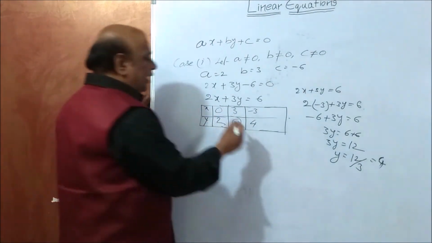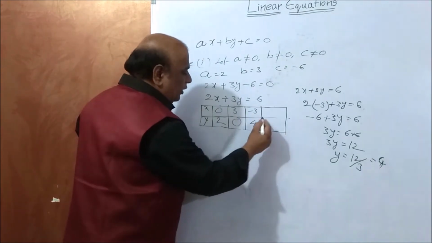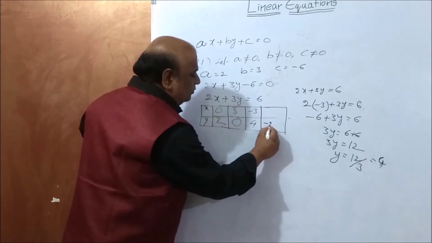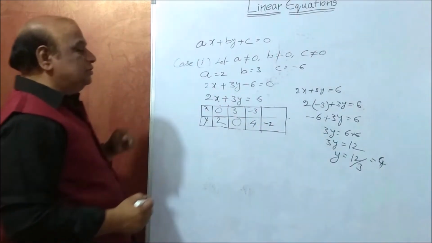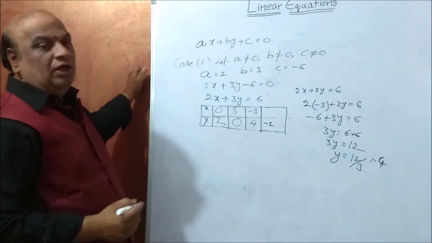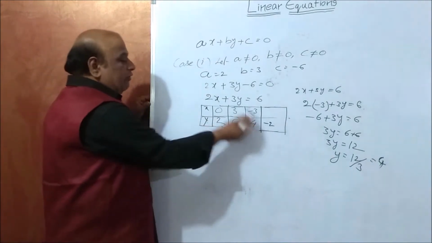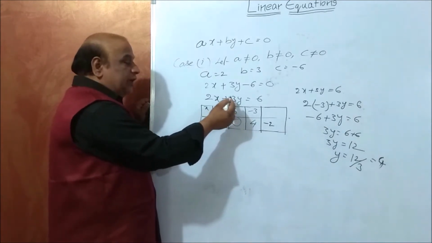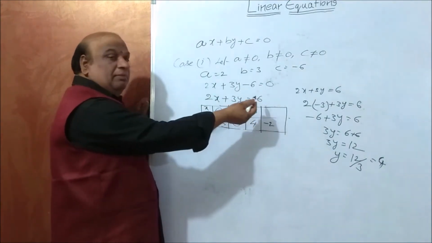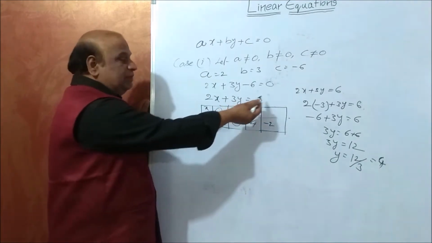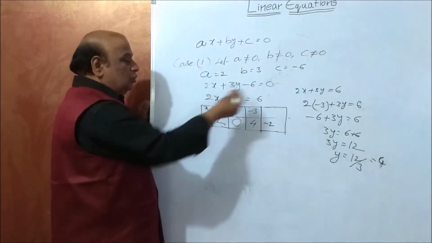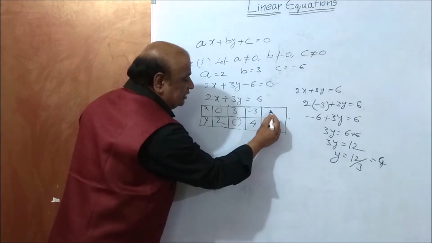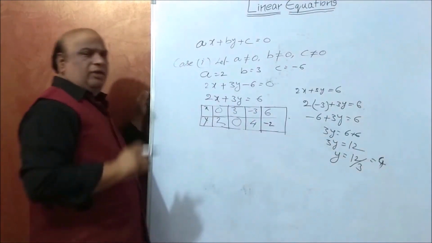If you take one more value, you take y value minus 2. What is the x value now? You substitute the y value, minus 6 will come again. You take minus 6 to that side, it becomes plus 6. 6 plus 6 is 12. 2 sixes are 12. Here x is 6. Enough.